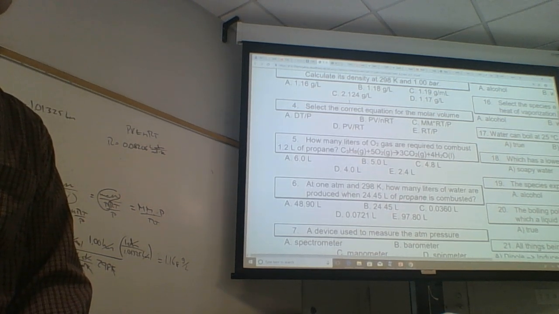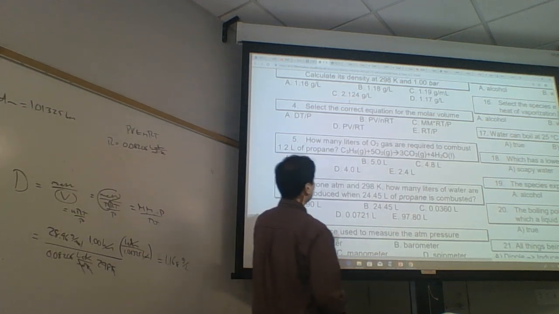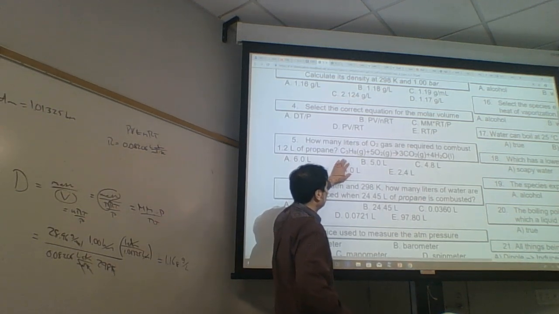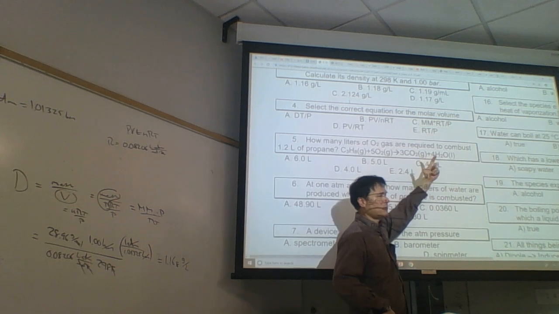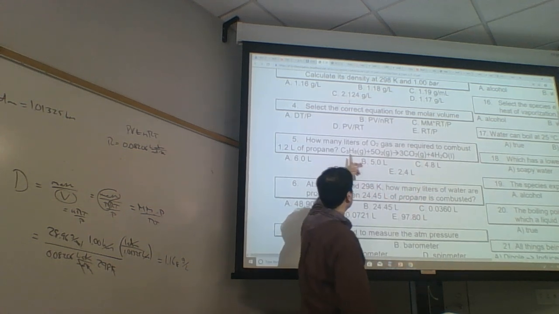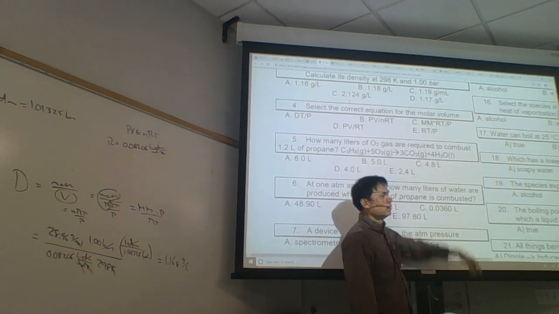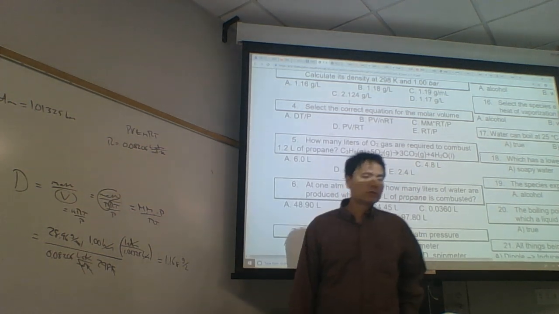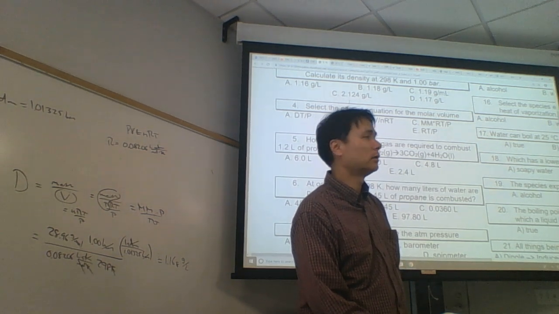Uh-huh. 6 liters is correct. Yeah. We use Avogadro's law. Avogadro's law says the volume and moles are proportional to each other. So if we have a mole ratio, 1 mole, 5 moles, 3 moles, 4 moles, it's the same as a volume ratio. The volume ratio could be 1 liter, 5 liters, 3 liters, 4 liters. Avogadro's law works for gases, so as long as they're gases, we're okay.